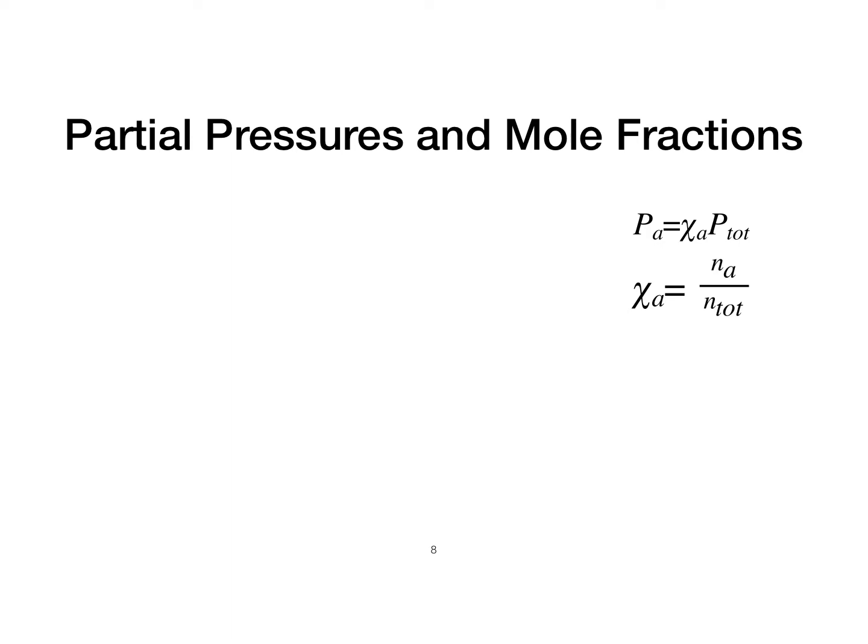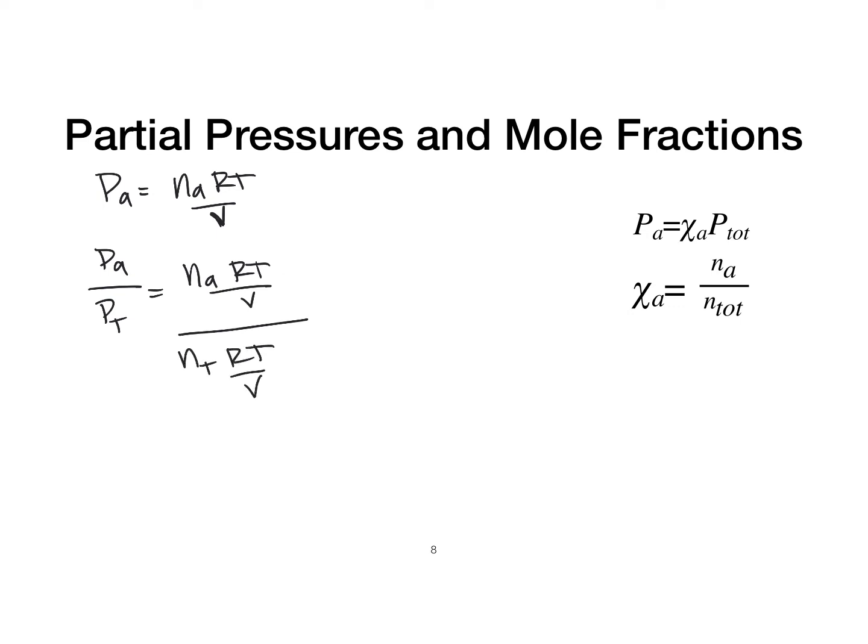So if we just wanted to look at the pressure of A, which is equal to NA RT over V. If we wanted to think about the relationship between the partial pressure and the total pressure, where PA divided by PT is going to equal NA RT over V divided by NT RT over V. So these are going to cancel out to where the NA divided by N total is equal to PA over PT.